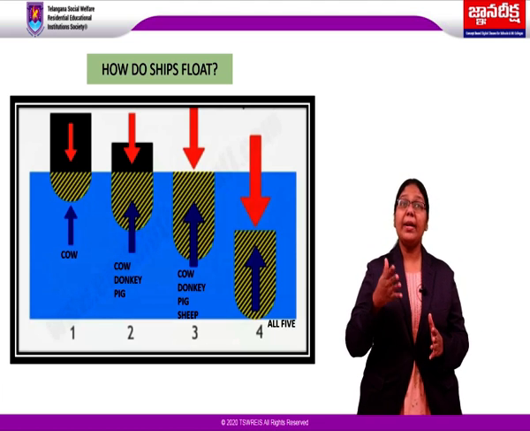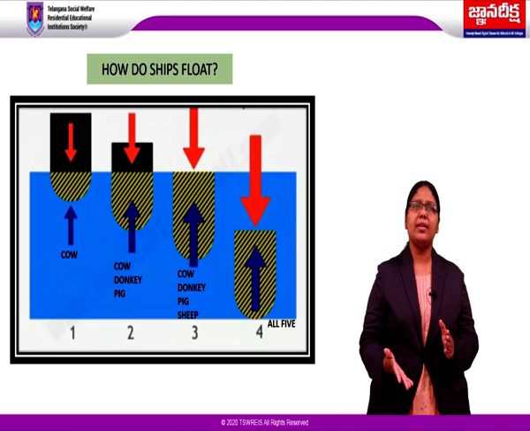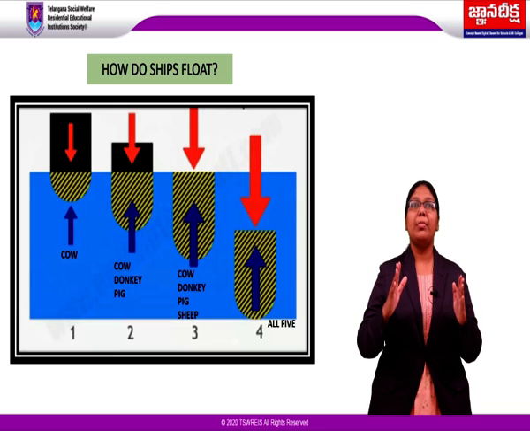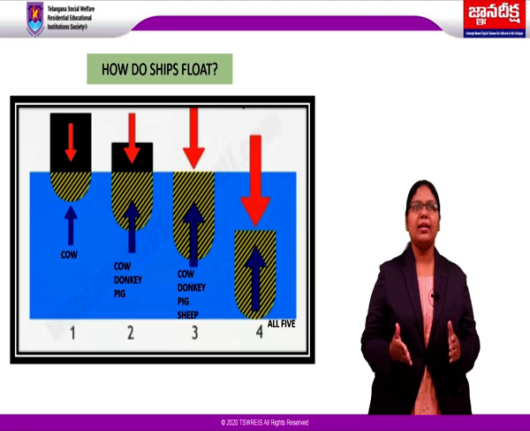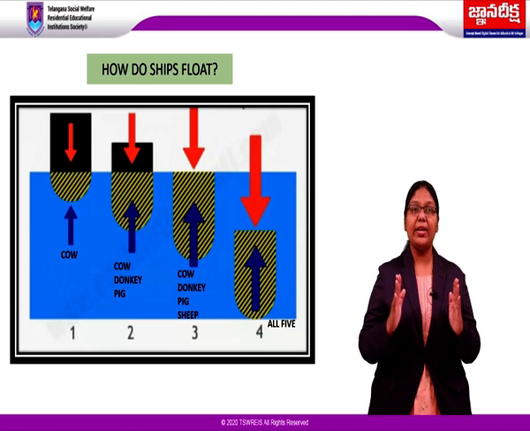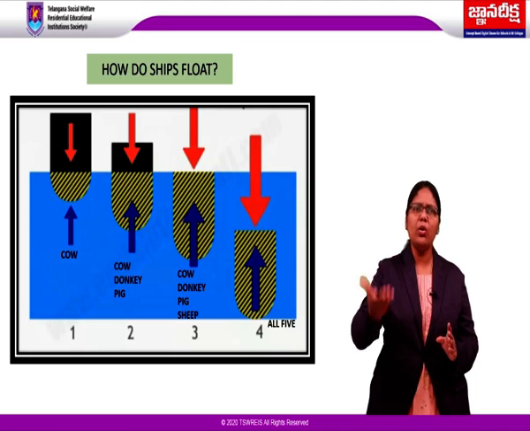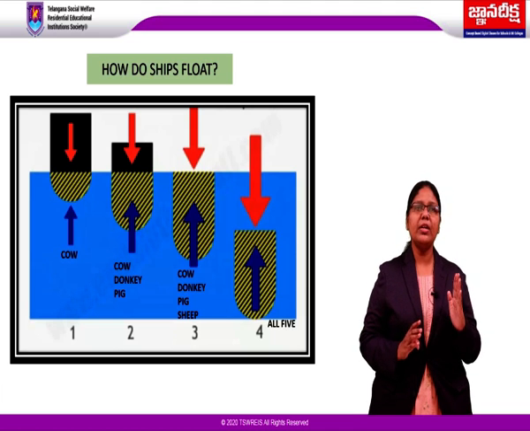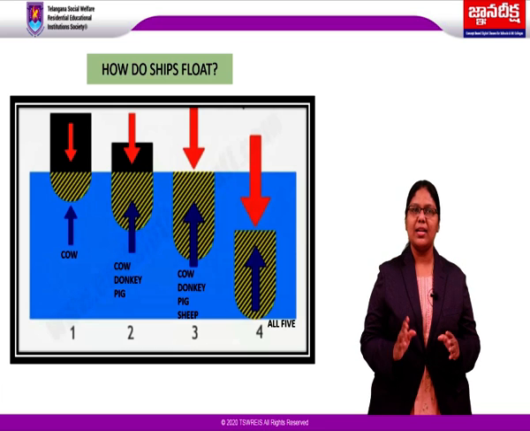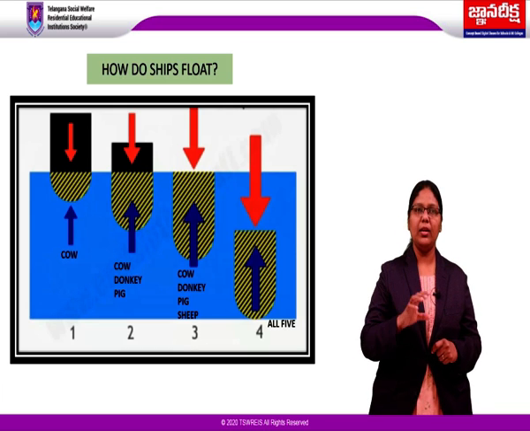In Figure 3, the sheep enters the boat now. The weight has increased. The boat is almost inside water, that is the yellow shaded portion, but still it is floating because as weight is increasing, the buoyant force is also adjusting and trying to displace more water equal to the weight of 4 animals. When you observe Figure 4, this is the case when the little mouse entered the boat.